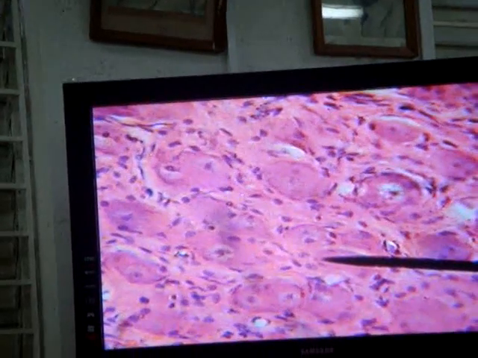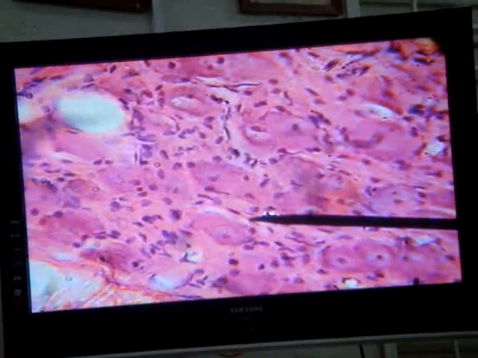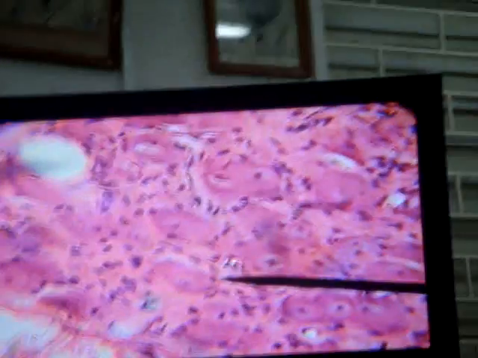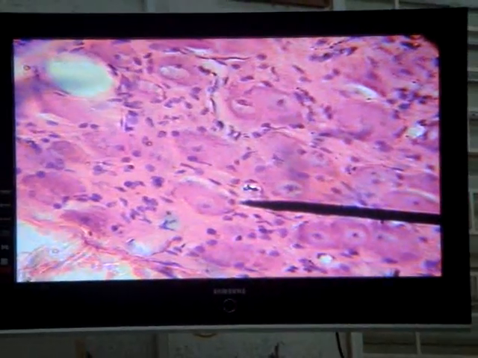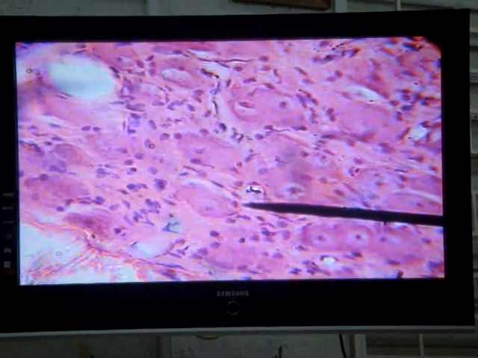Those are some of the things you want to be able to answer. And if the examiner asks you to identify the structure at the very tip of the pointer, that little dot you see there, that dot is a cell surrounding the cell body, so that would be a satellite cell.